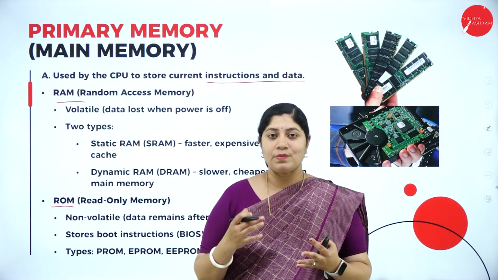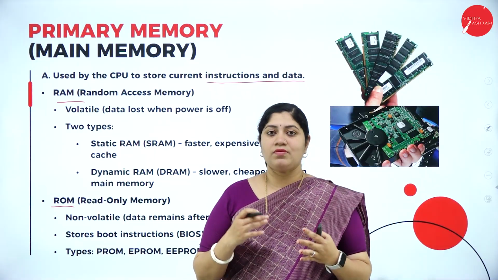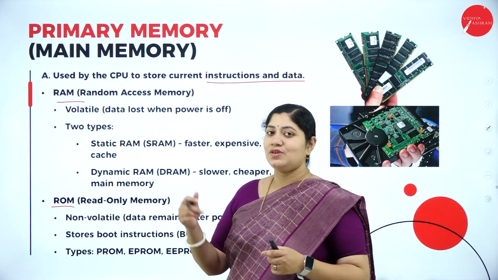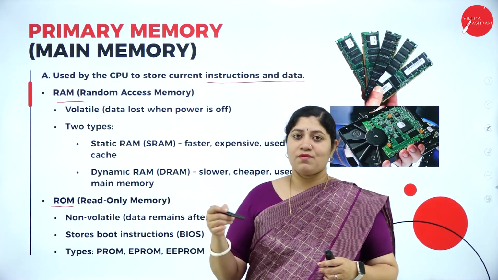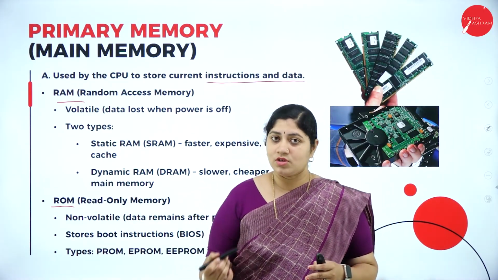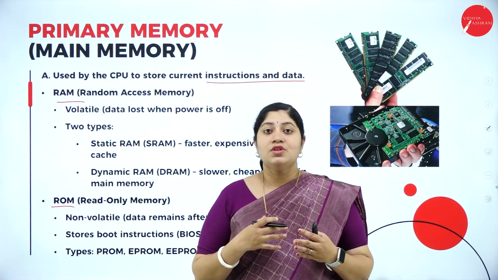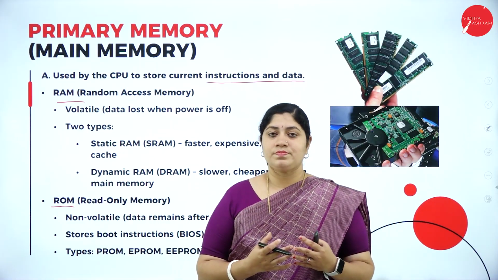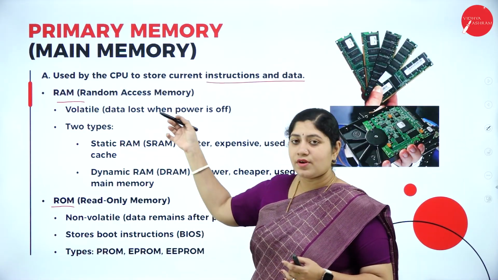But if you want your information to be safer, then you have to store your information in a ROM. That's read-only memory, where even when the power is turned off, your data is stored and you can retrieve it. So that's the main difference between RAM and ROM.